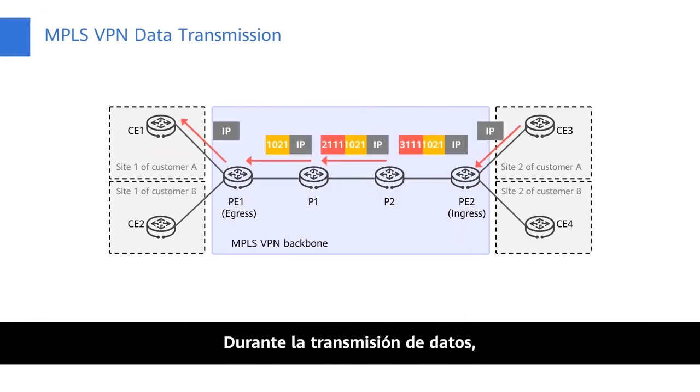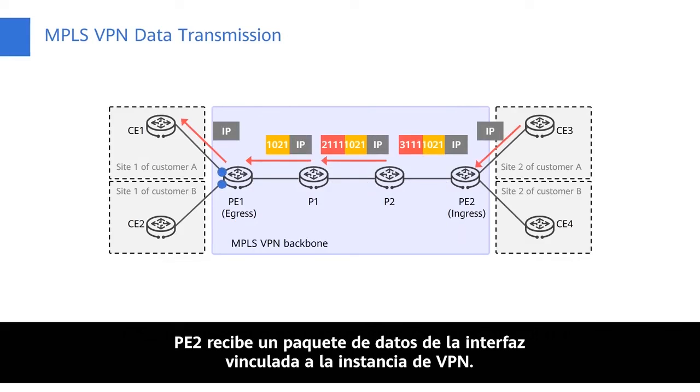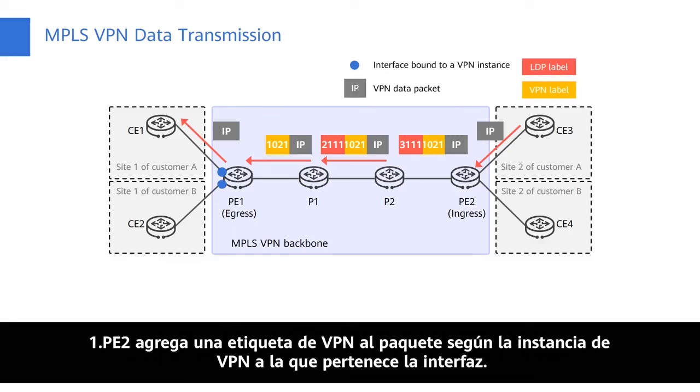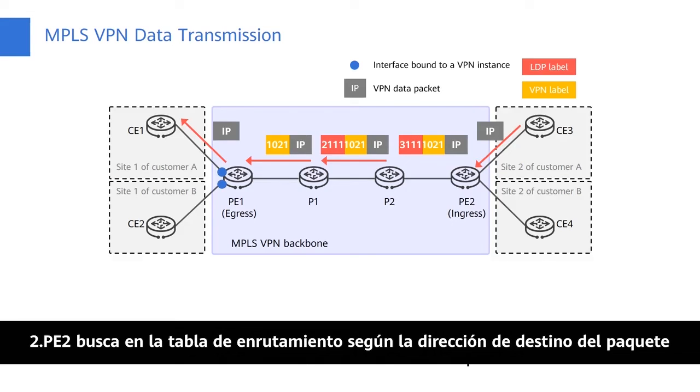During data transmission, PE2 receives the data packet from the interface bound to the VPN instance. 1. PE2 adds a VPN label to the packet based on the VPN instance to which the interface belongs. 2.